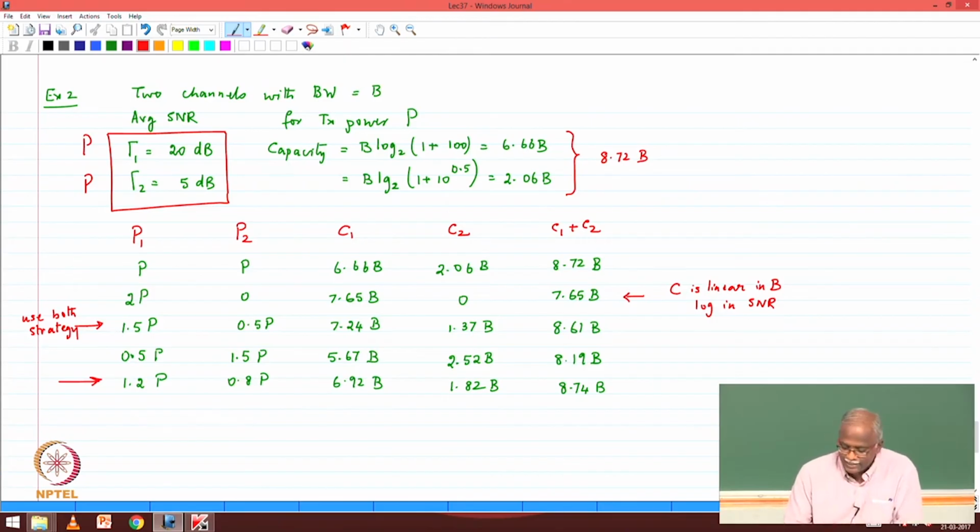The right strategy seems to be give more power to the good channel, but also use the bad channel so that you get the benefit of the linear term in bandwidth. Okay. So, observations: use both channels. Second, give more power to the good channel. Maybe that's a little counterintuitive, but that's a very important result that emerges from there.